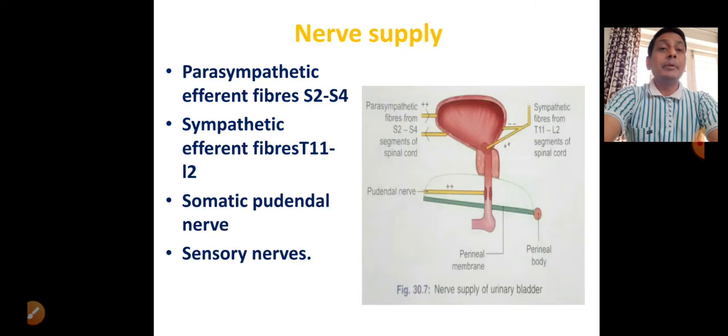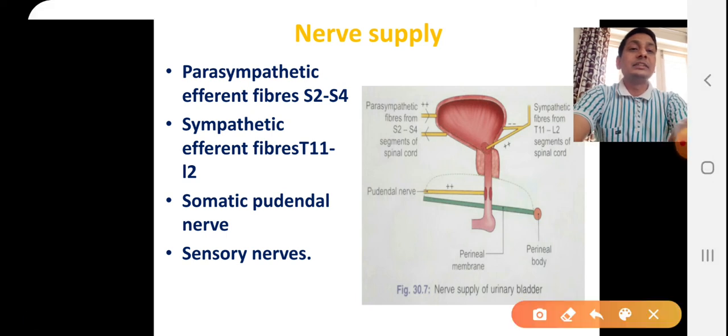Nerve supply: parasympathetic fibers from S2 to S4, that is sacral segments 2 to 4, and sympathetic from T11 to L2, thoracic 11 to lumbar 2 segments. Then somatic pudendal nerve and sensory nerve.